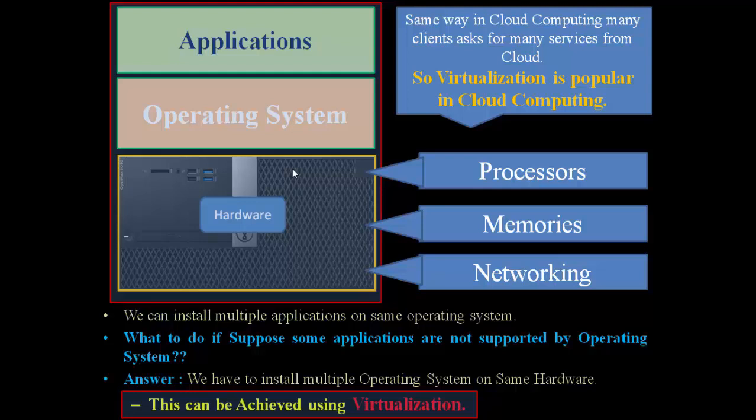It is possible because of virtualization, and this is the need of virtualization in cloud computing, so virtualization is very popular nowadays. So this is the basic idea about what is virtualization and what is the need of it. Let us discuss in detail how we can install multiple operating systems on the same hardware.